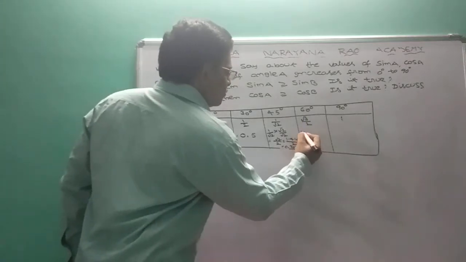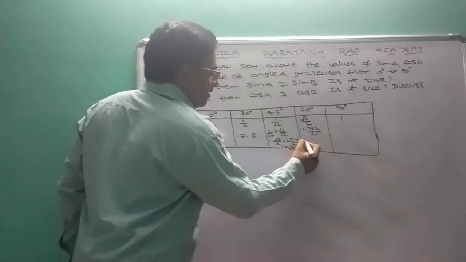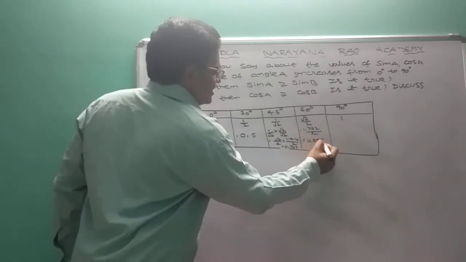Root 3 by 2 means root 3 value 1.732 by 2, that equals 0.866.